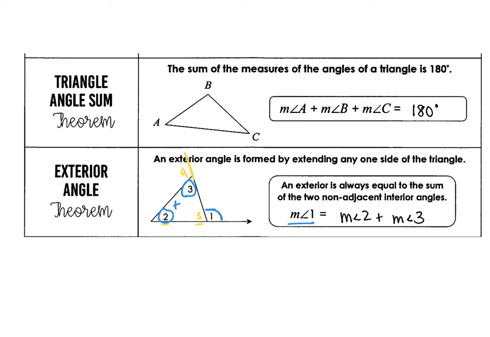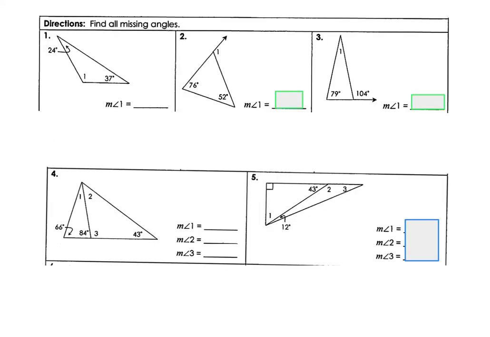So in this case, the measure of angle 1 would equal the measure of angle 2 plus the measure of angle 3. Exterior angle theorem. So that helps us in finding, those two help us find different angles within triangles and on the outside. So look at these. They've given us 24 and 37. Well, I'm just going to say 180 minus the 24 plus the 37.